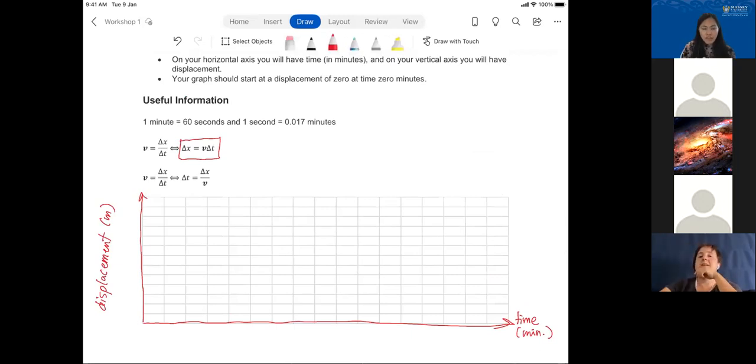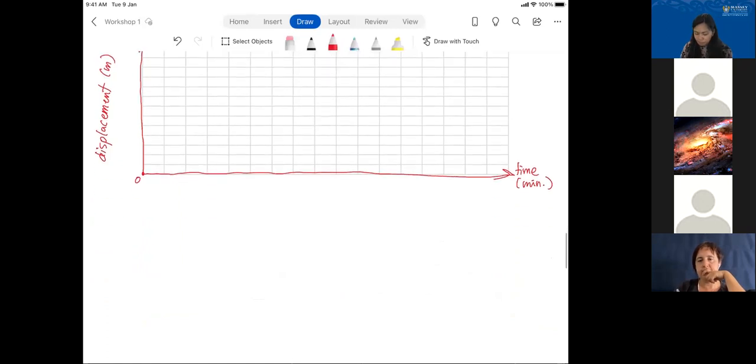The problem says your graph should start at the displacement of 0 at time 0 minutes. So this will be your starting point. To be able to draw the graph, you will need to find the displacements and the times for each of your segments.